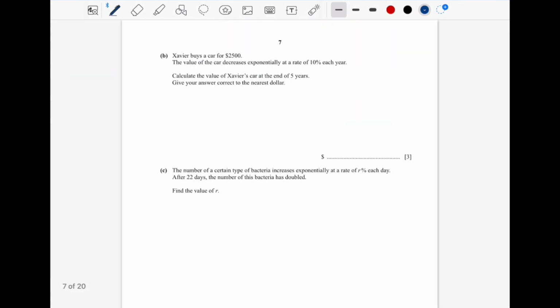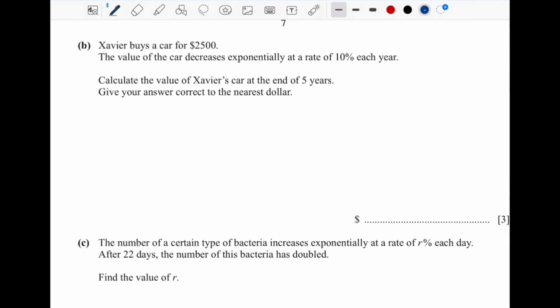Okay, now we proceed to this. This is the keyword. Whenever you see exponentially, it's about exponential growth and decay. So for exponential growth or decay, we will apply the compound interest formula. It's just that if it's a decrease, then we change this to a negative sign.